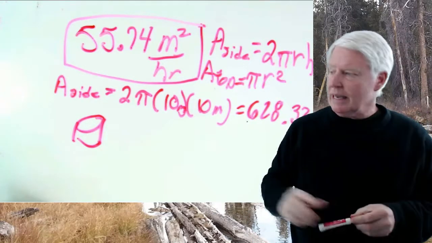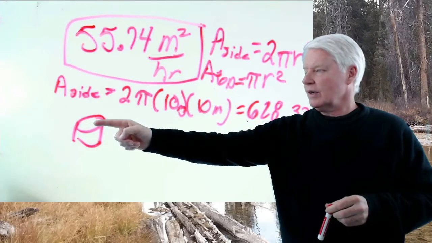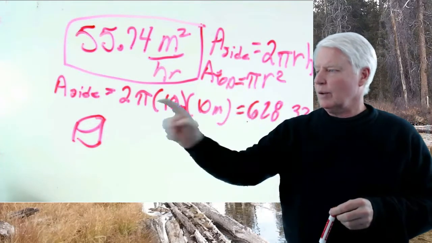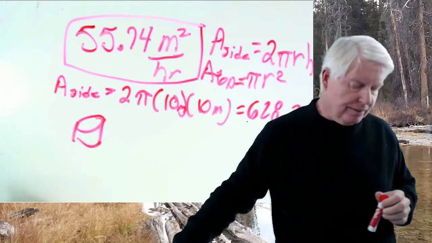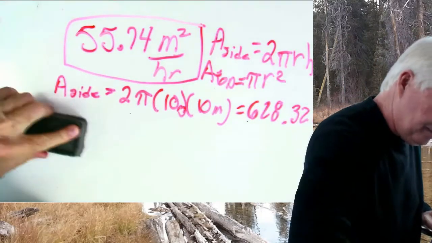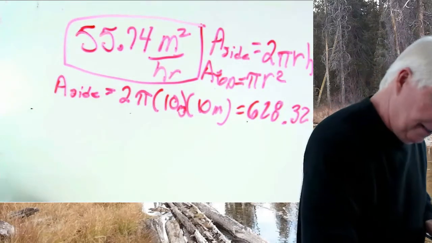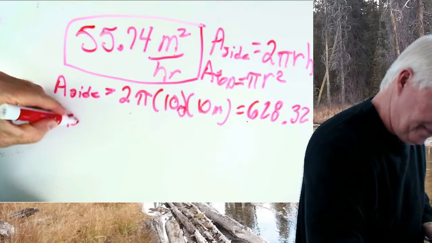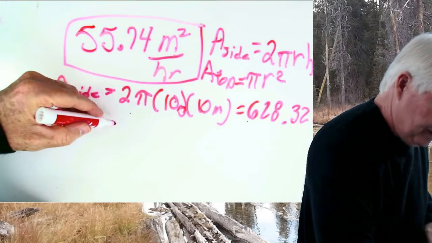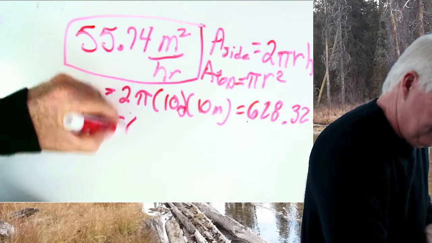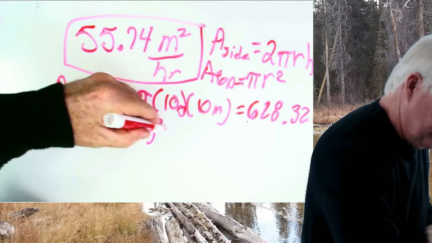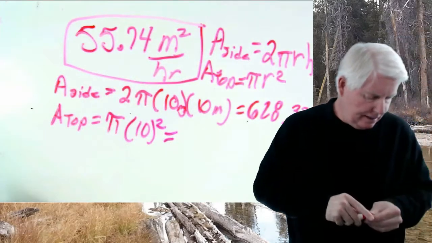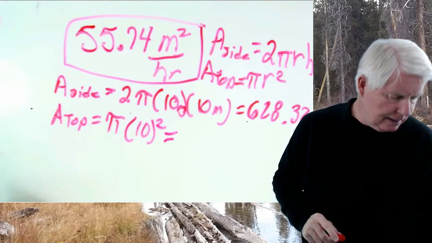So now we need to calculate the top, which is pi r squared. That will give us the area of the top. So that'll be pretty easy. Area of the top equals pi times 10 squared. Okay, so let's do that.